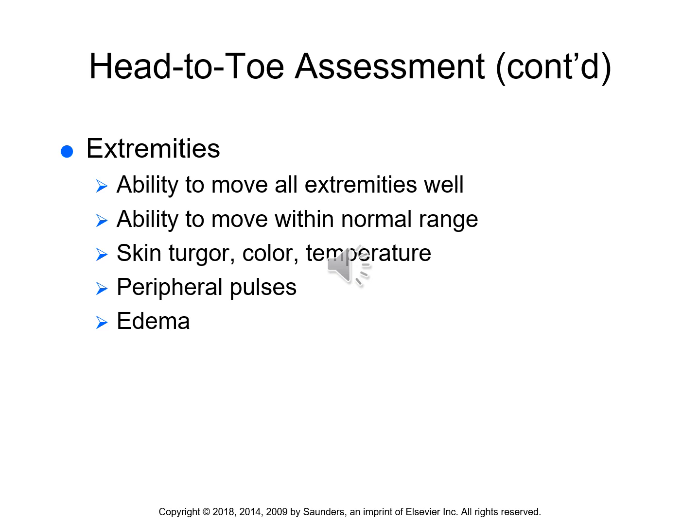Is their skin color pale? Is it cyanotic, which would be bluish in color, meaning there's a decrease of oxygen? What's their skin temperature like? Are they warm? Are they cold? Do they have edema? If they have edema, is it pitting or non-pitting? So we're going to be assessing all those things.